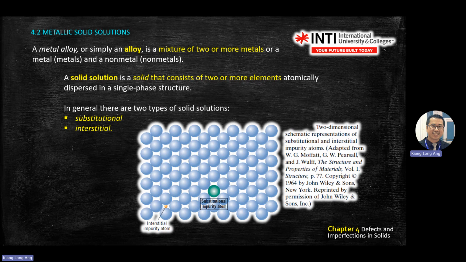So for example, chapter 2 application. I use the BCC. BCC has the center and then the 4 corner, right? So if you want to do interstitial, what do you do? You need to calculate the space that you have here.